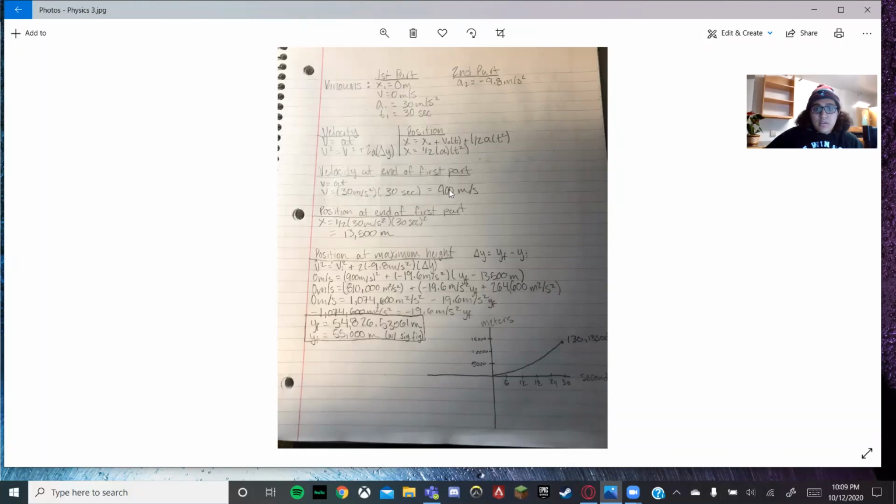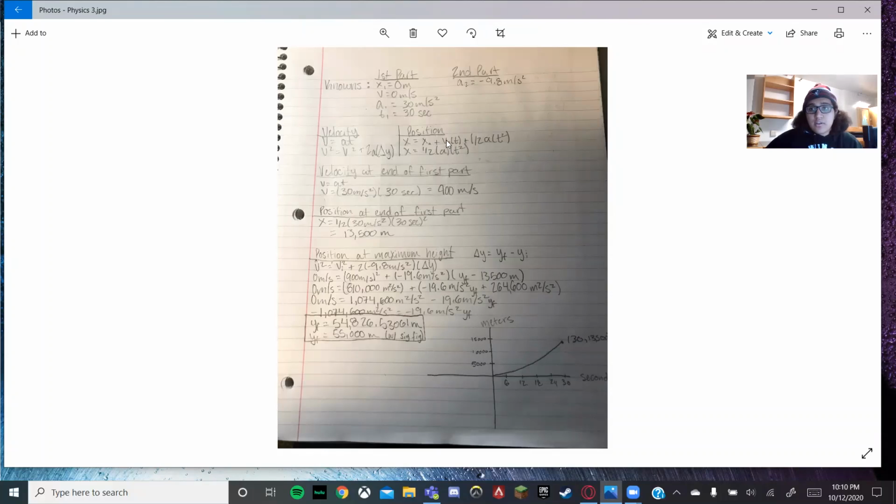With this 900 meters per second, and then with our position equations, we can find the position at the end of the first 30 seconds. Our initial position was 0, so we can get rid of the first part of the equation.